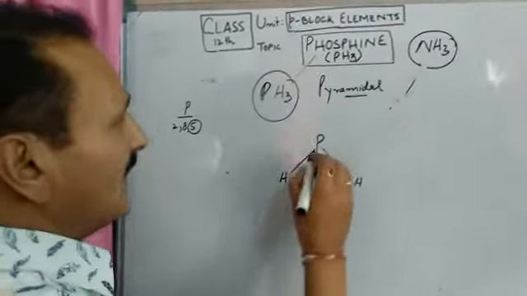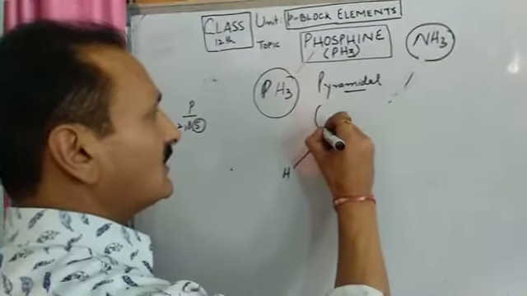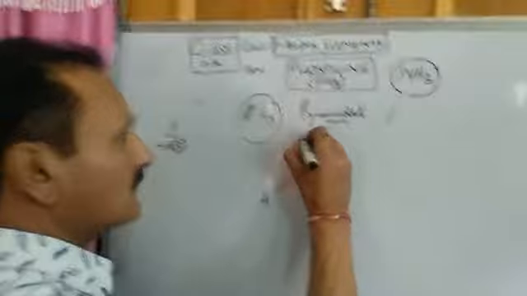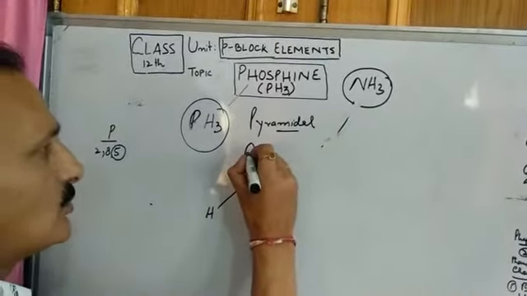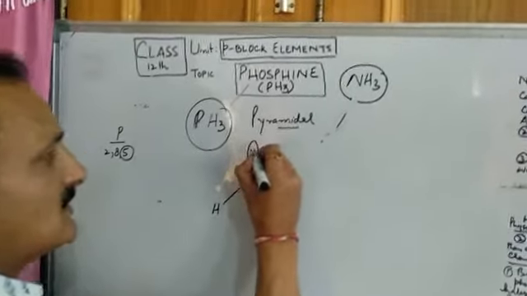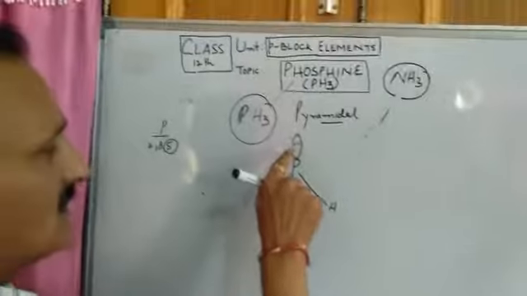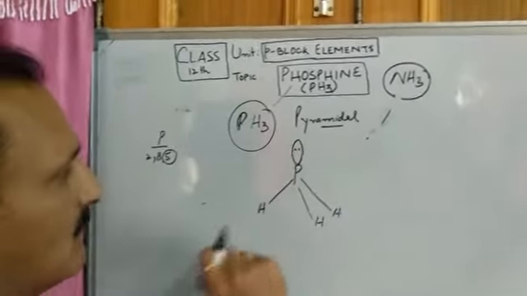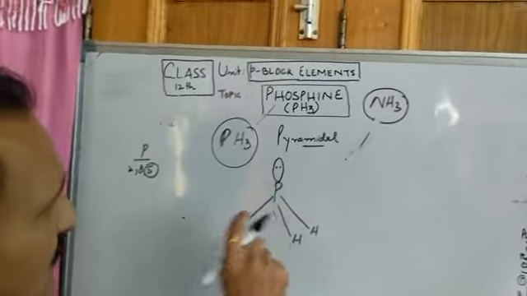So now it has this one pair of lone electrons. This pair of electrons is not taking part in the bonding. So this is the pyramidal structure of PH3.